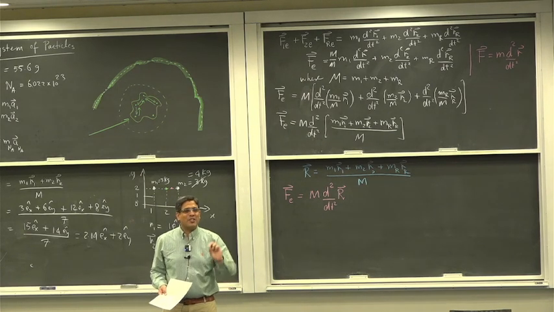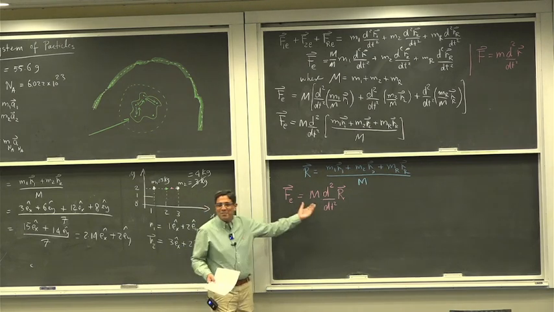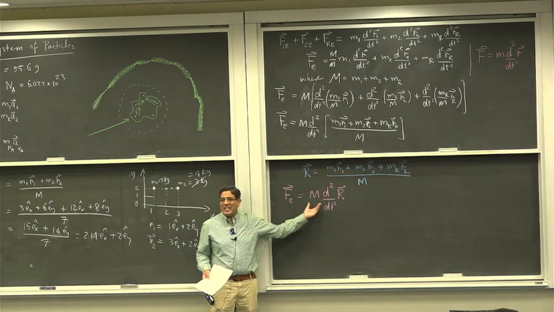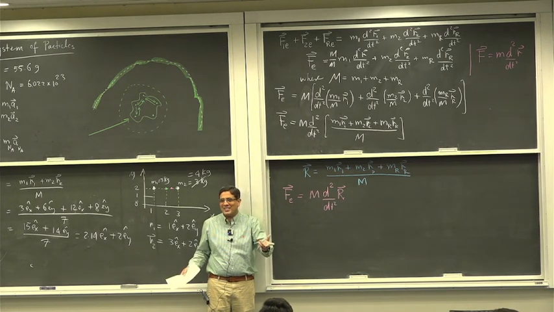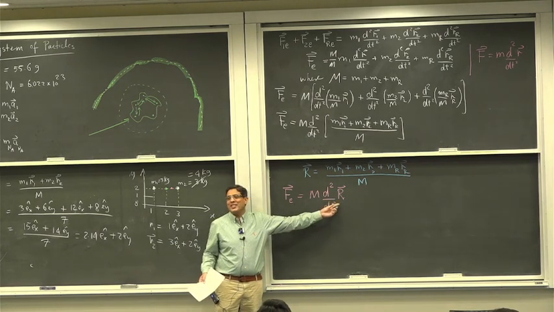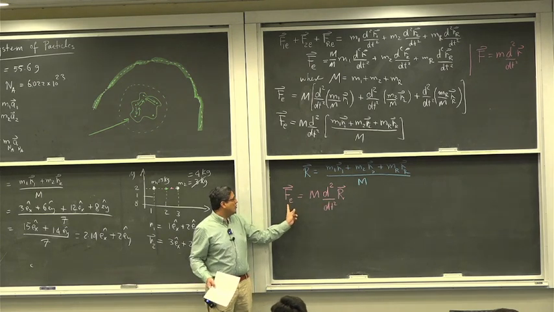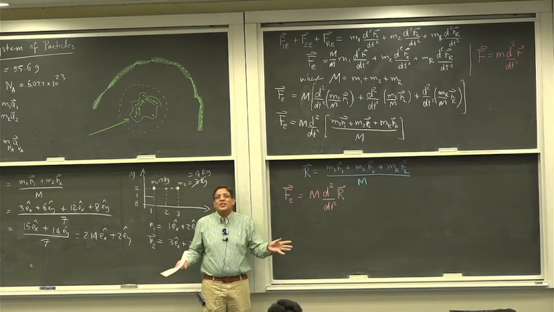And so you could treat that special point as if all the mass belongs to it. The center of mass behaves as a point particle of total mass m. It replaces all the masses and all the distances with the total mass and takes on this position, and responds as if it was only seeing the external forces.